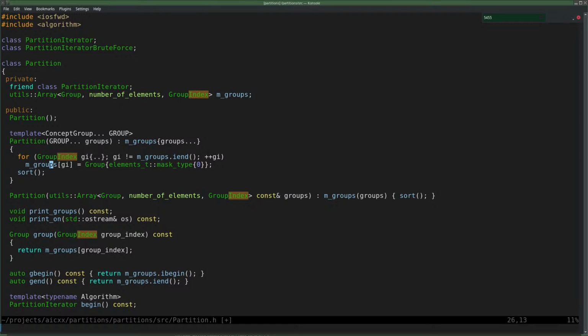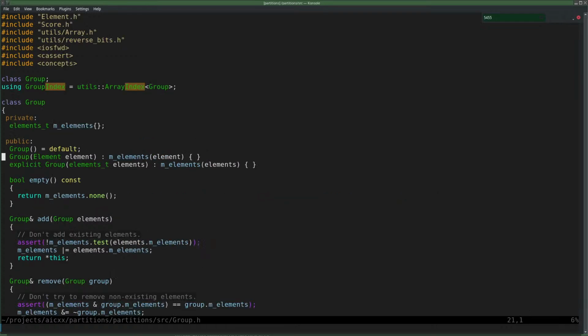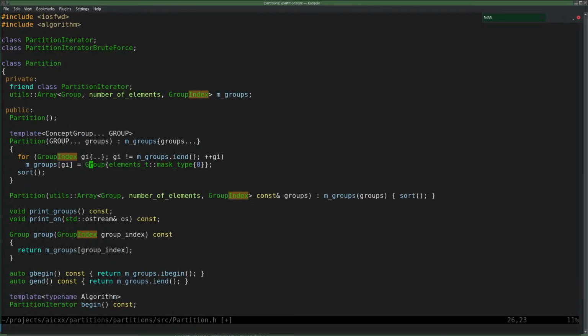That seems unlikely. Now I have to pass elements type to the group. But I can construct an elements type from that mask type. And then from that we can make a group, and then we have finally what we want.